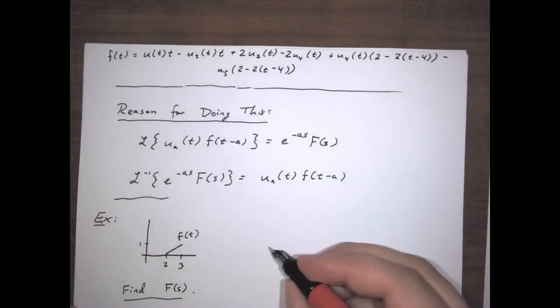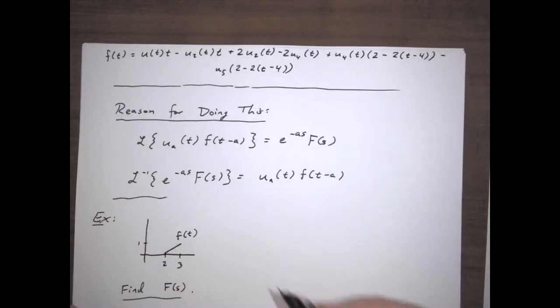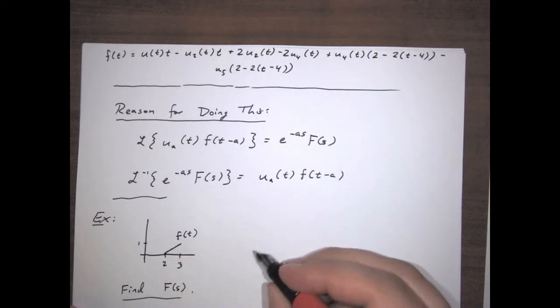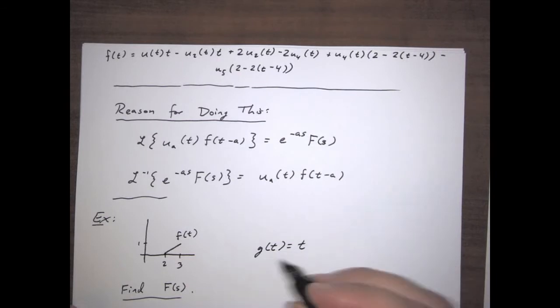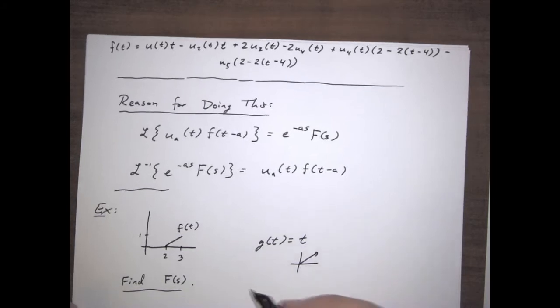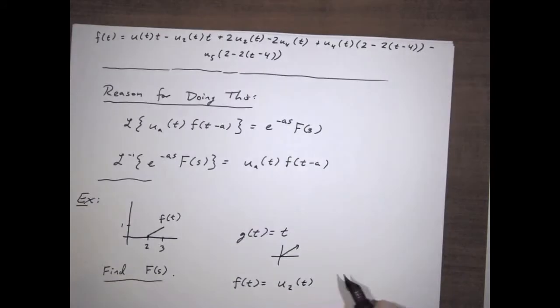Alright, well, let's think about f of t. So f of t appears to be a shifted version of the function that is just t. So if we say that g of t is just equal to t, so it goes like that, then f of t would be g of t shifted over by 2. So it's going to be u2 of t, but then it gets turned off by the time it gets to 3, so that means minus u3 of t times g of t minus 2.